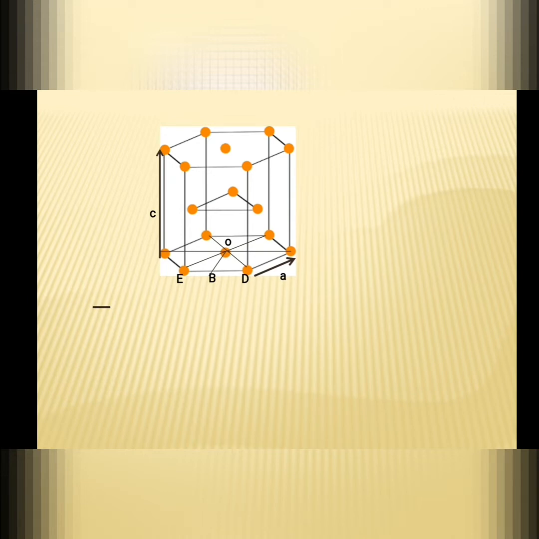Now the area of the triangle, as it is an equilateral triangle, is equal to half into base into height. Here base ED is equal to A and height is equal to OB. Now we have to calculate the value of OB.